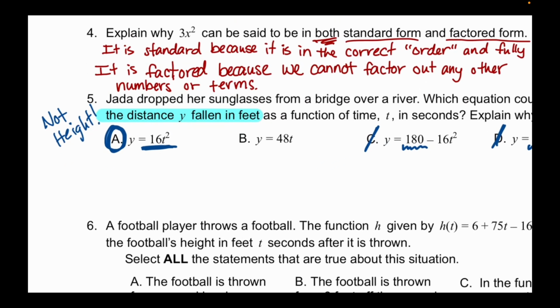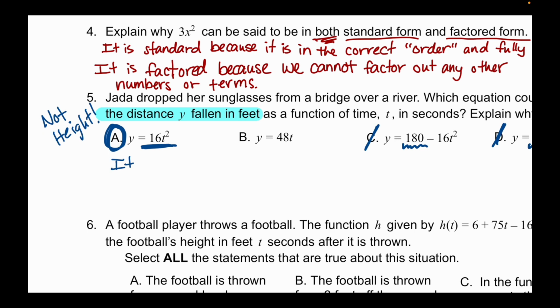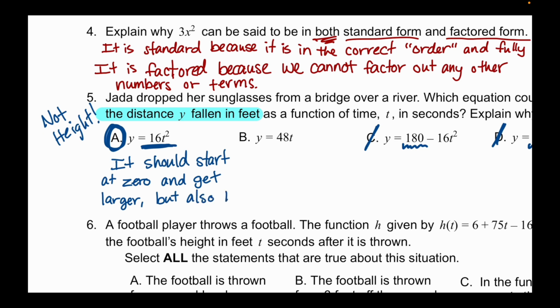So it should start at 0 and get larger, but also be quadratic. So the reason why it's not B is because this part here needs to be quadratic. So that's why we're not using B.